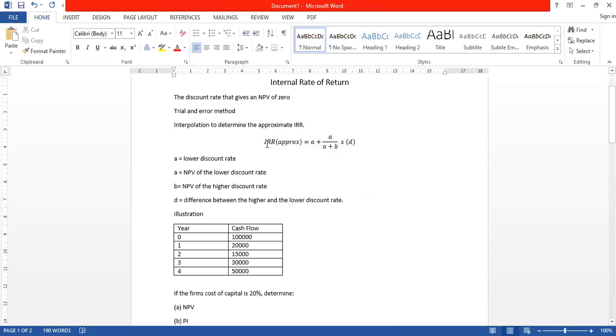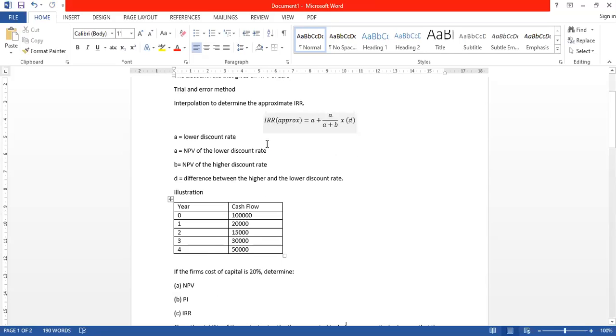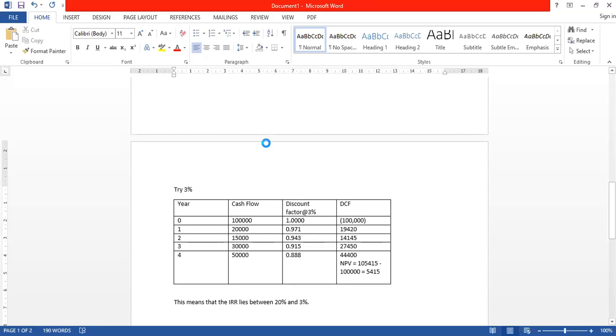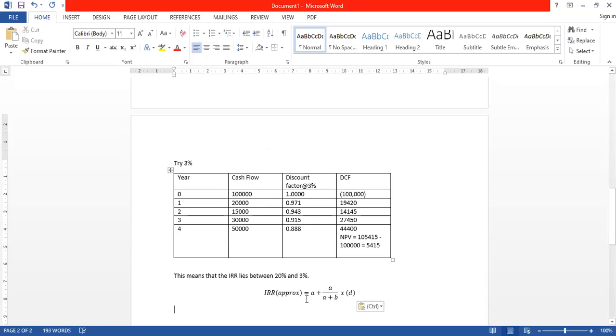We're going to now adopt this formula to find the actual IRR. The approximate IRR will be A, where A is the lower discount rate, which in this circumstance is 3%.